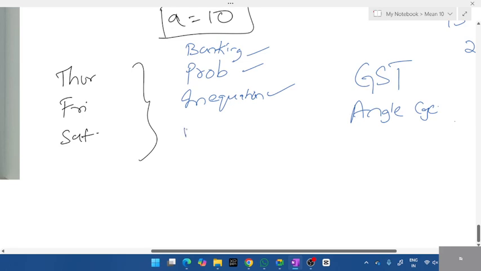Next is this chapter, mean. Okay, mean up to 1 to 20 we have done. Do you have any doubts in 1 to 20? Do you need revision? No? Okay. Mean, equation, probability, banking.